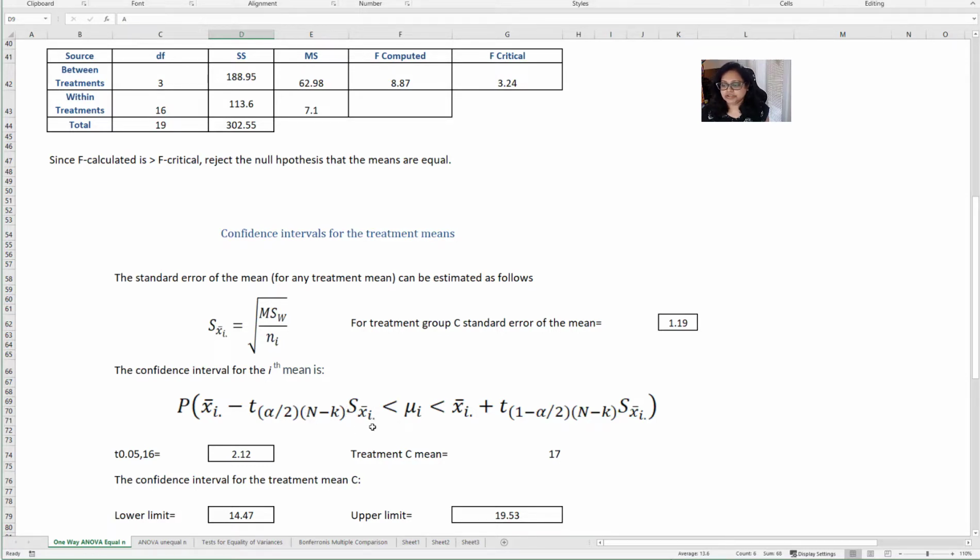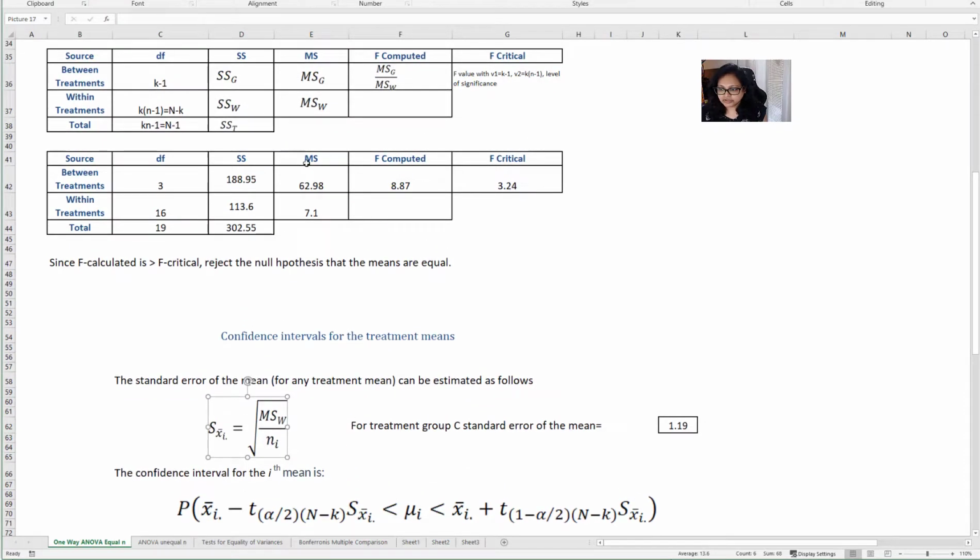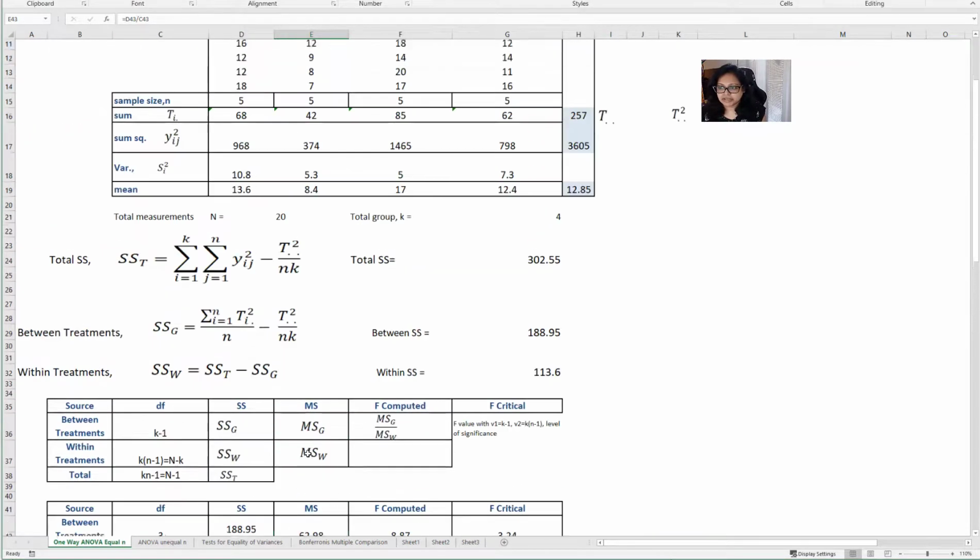I would like to show that. Also, you need to find the standard error of that mean. To find the standard error of the mean of that specific treatment group, you need to use the ANOVA table. In the ANOVA table, what's the mean squared error? This is the MSW, what you found. That's the value we have to use, and you have to divide by the sample size in that group.